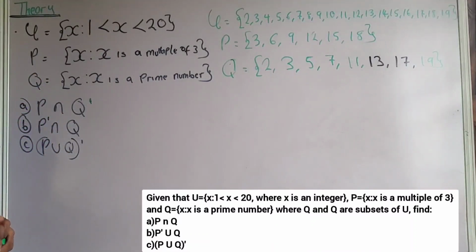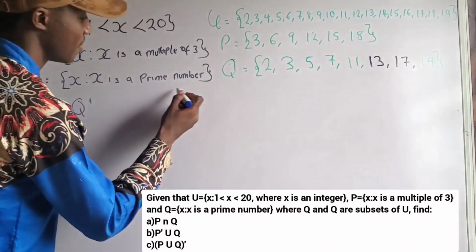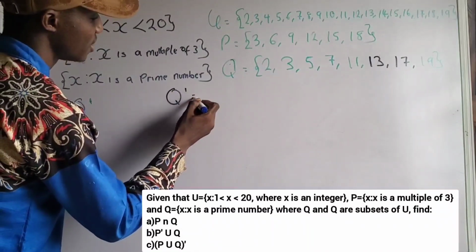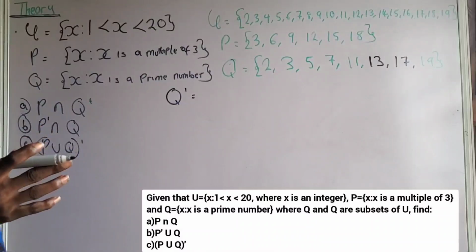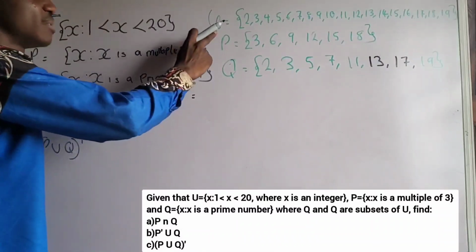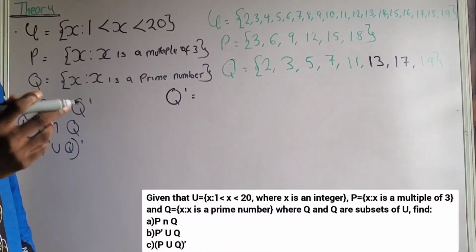Do you understand? Listen to me carefully. Q prime is this. They are the elements that are present in the universal set but are not present in set Q. Are you getting it?